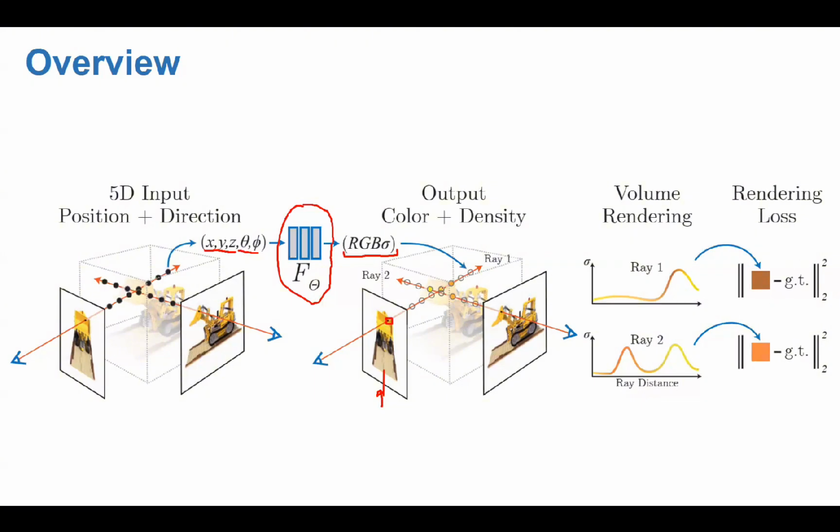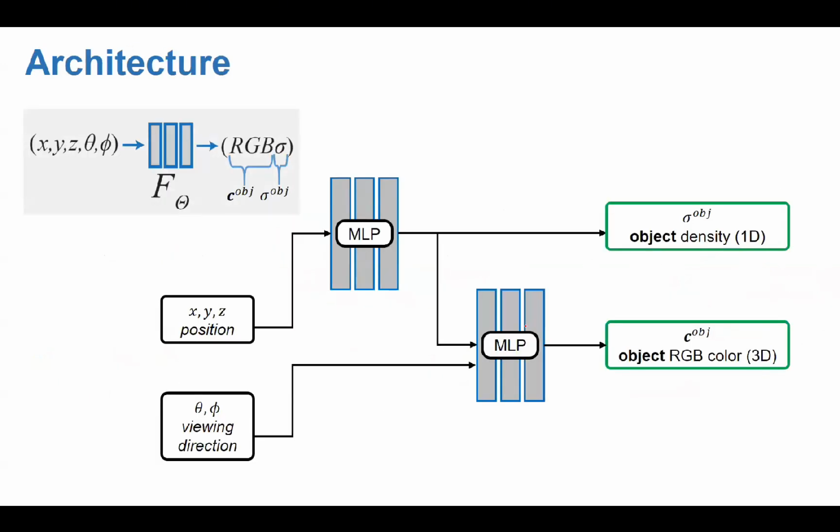We can tune the network to give us, in the end, the right colors. This is the structure of the network. It's one of the simplest networks we still have, an MLP, that gives us, again, the density and the color at a certain 3D point.